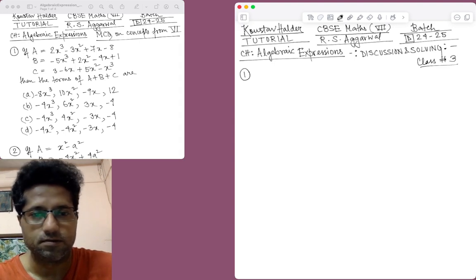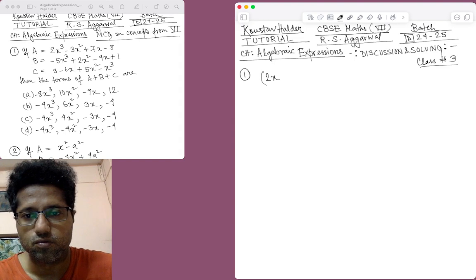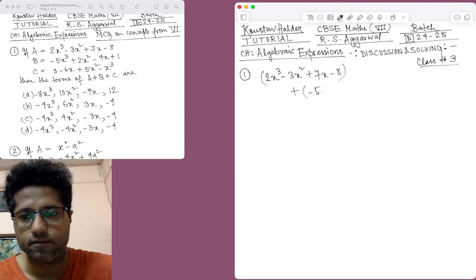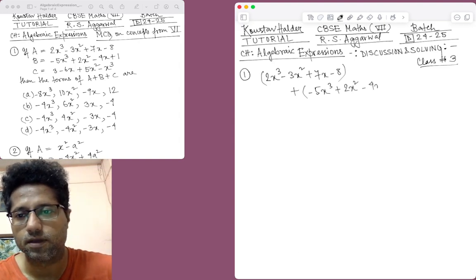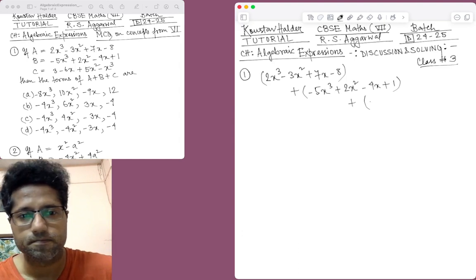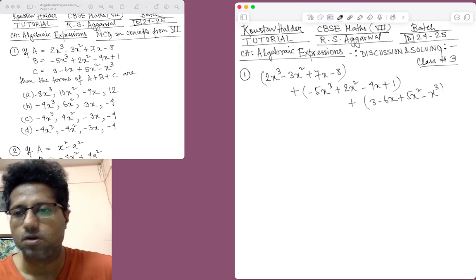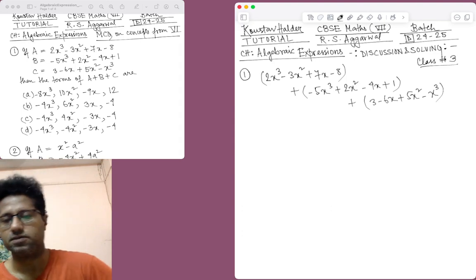So A plus B plus C is nothing but 2x cube minus 3x square plus 7x minus 8, which is the algebraic expression of A. Then plus B, which is minus 5x cube plus 2x square minus 4x plus 1, and finally the expression of C is 3 minus 6x plus 5x square minus x cube.